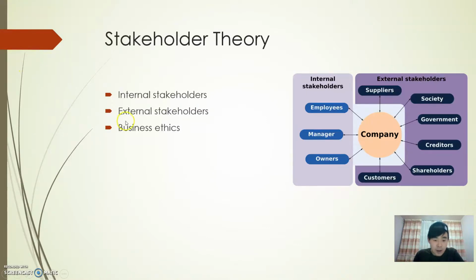So the idea behind business ethics and stakeholder theory together is that companies need to take a good look into their actions and what is justified, what is fair, what is right, not for just one shareholder or one stakeholder, but for all the stakeholders, as you can see in this list.